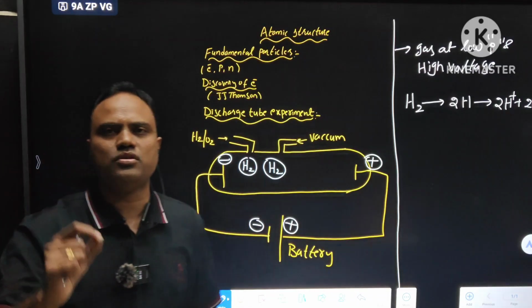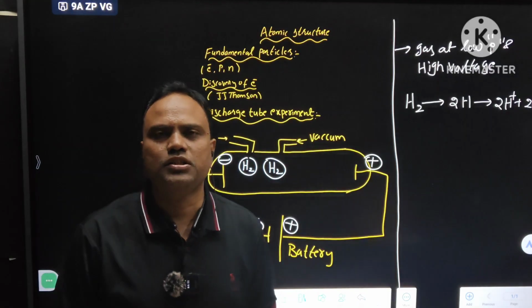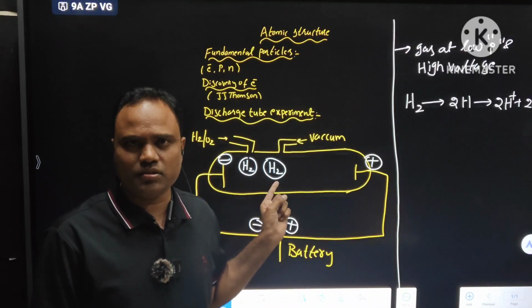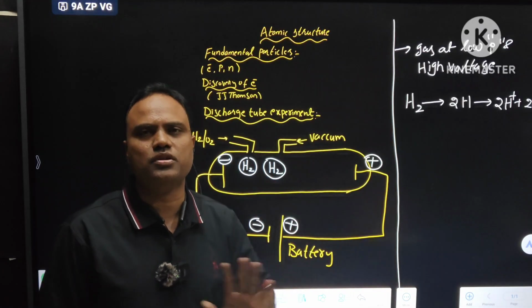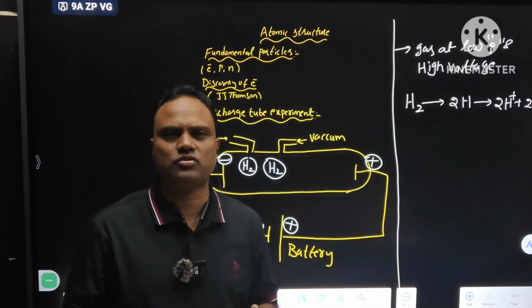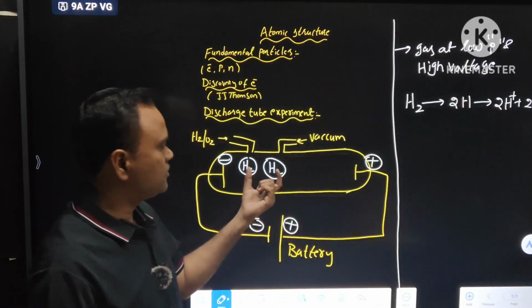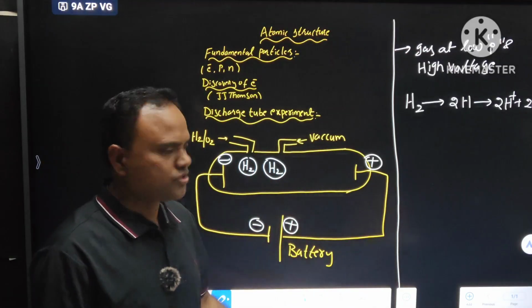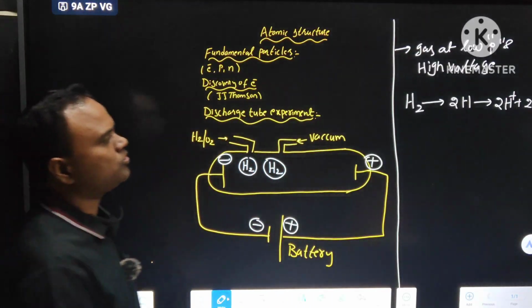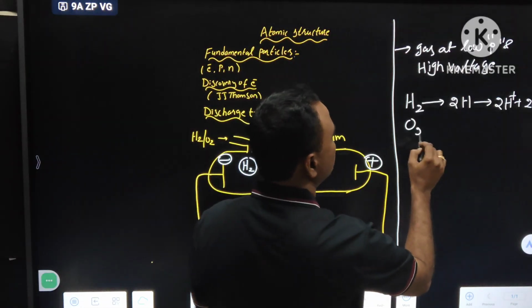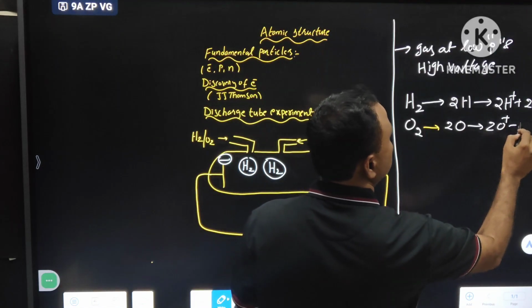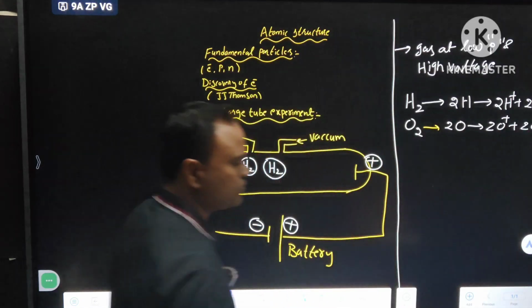So what is the source of electrons in the discharge tube experiment? The gas you are sending in is the source of electrons. Instead of H2 gas, if I take O2 gas, 2 oxygens become 2 O plus and again 2 electrons.